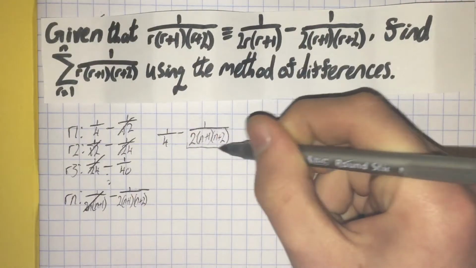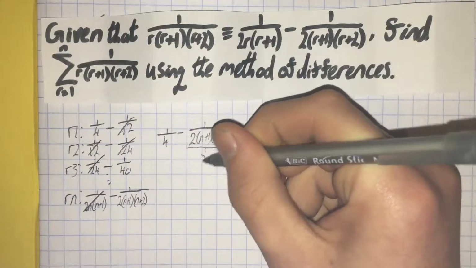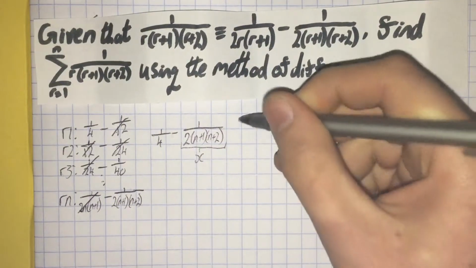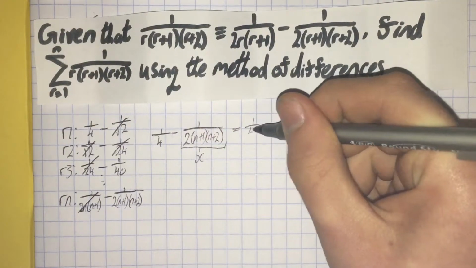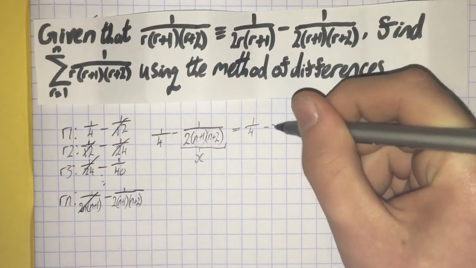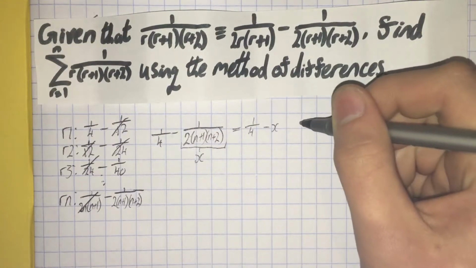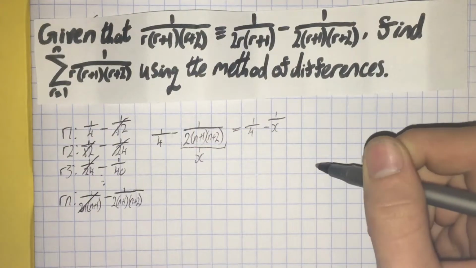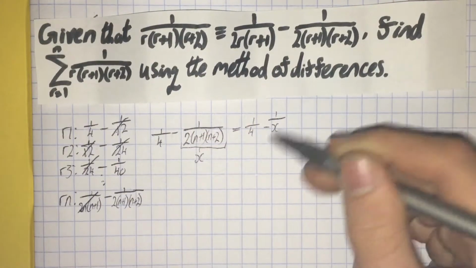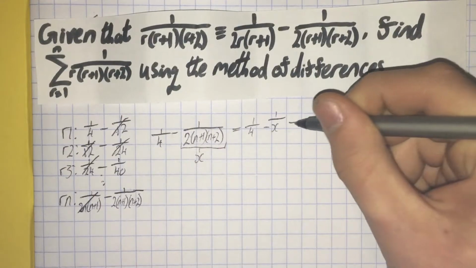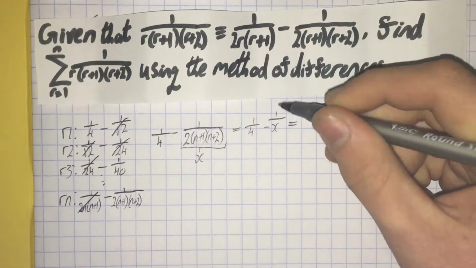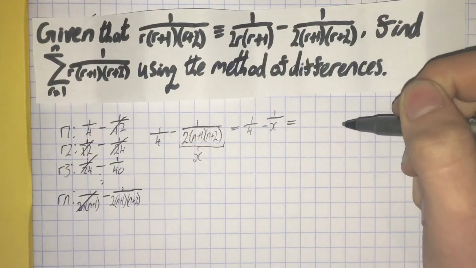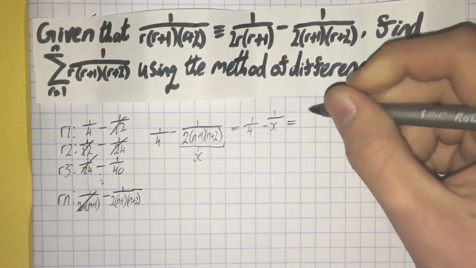Now, just for simplicity's sake, I'm going to dub this as x, which means we've got a quarter minus 1 over x, that is. So, let's simplify this. That shall equal, well, we're going to times by x over x here, I'm going to times by 4 over 4 here, meaning we're just timing by 1 overall.